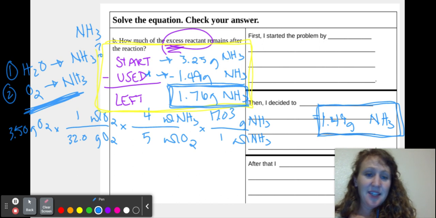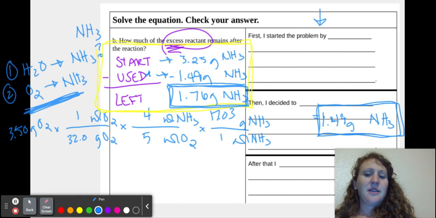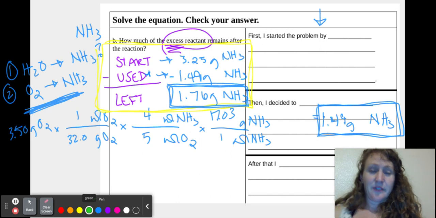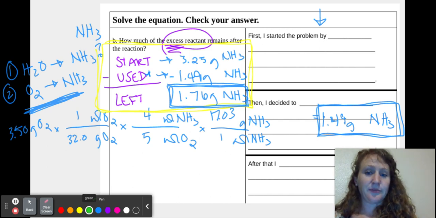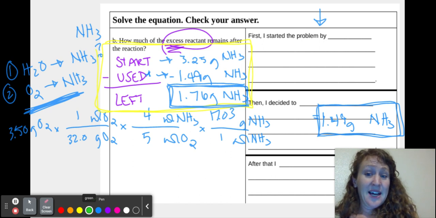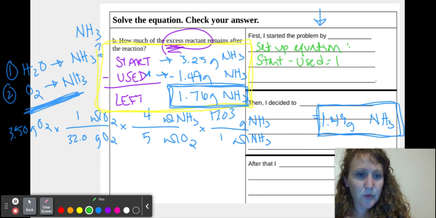Okay, let's pause here and see if we can fill out this right-hand column to describe what we did. This would be a good place to pause the video and see if you can fill that out on your own. Okay, first I started the problem by setting up my little equation to figure out what's left: start minus used equals what I'm left with.